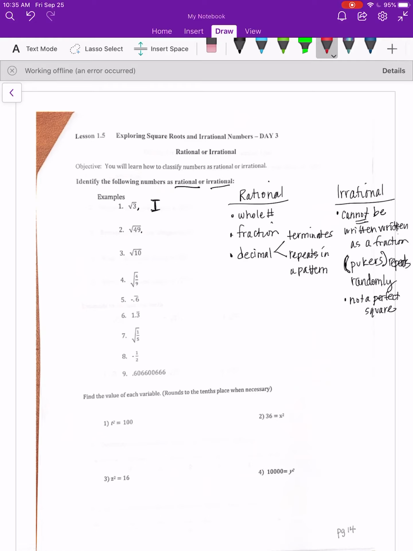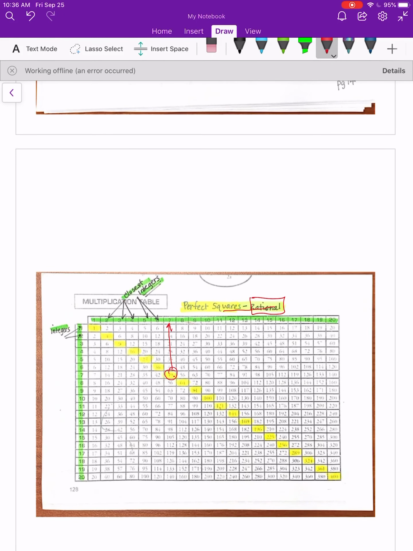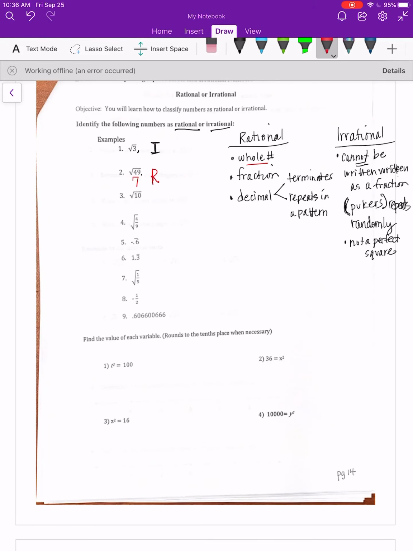So this equals 7. Well, is 7 a whole number? It is. So this one is rational. So square root of 10. I have to look. Is the square root of 10 a perfect square? Is it highlighted in yellow? And the answer is nope, it's not. So that makes this one irrational.